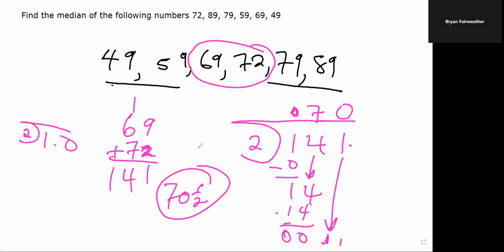Then 2 into 1 you can't, so you carry it over to a decimal and you get 5, because when you do the long division, it's going to be turned into a decimal. If you divide 10 by 2, you would get 5. So the answer would be 70.5 as our answer, sir.